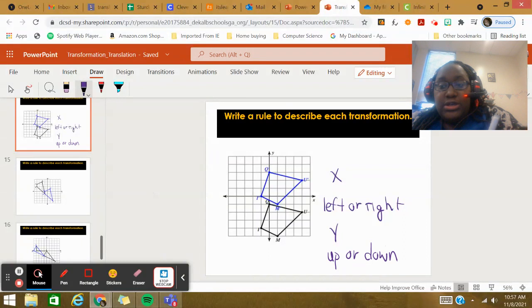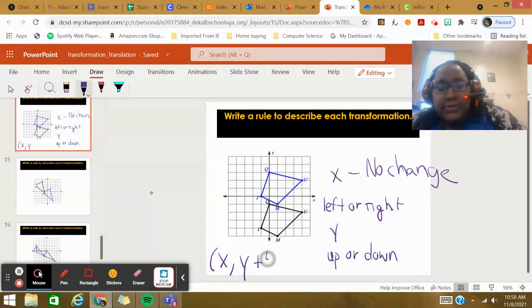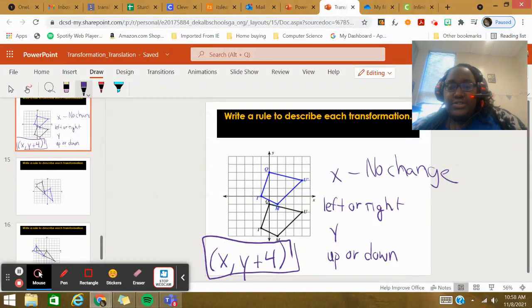So we went up, which means that X is not going to change, but Y will. So to write this rule, I'm just going to write X because I didn't do anything to my X. And then I'm going to put Y plus 4 because we went 4 units up. And that's your rule. Again, pause the video at this time to copy this down in your notes.